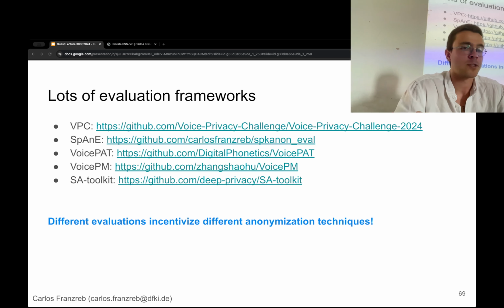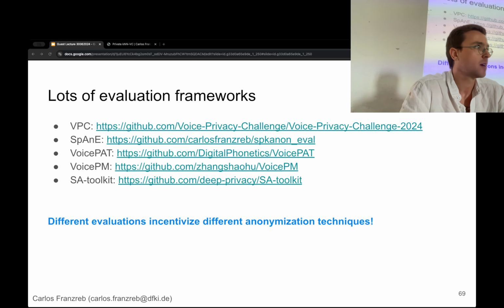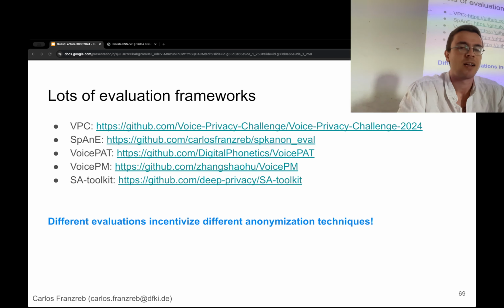And then, for example, we saw VoicePM on the attribute evaluation side. It also has strengths and weaknesses. And I think, in general, researchers always overly focus on beating benchmarks. So it makes sense to have a variety of benchmarks, which will hopefully also lead to more robust anonymization approaches.